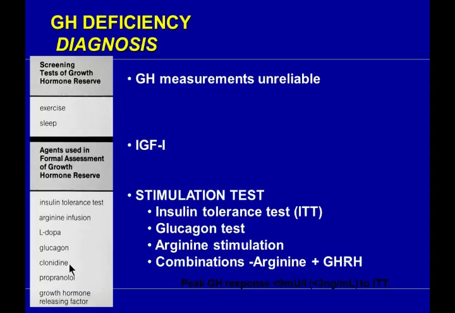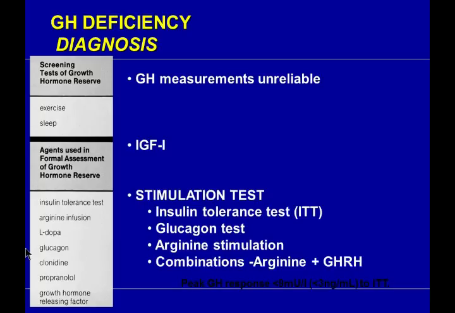And then there are a number of tests like insulin-induced. Remember, growth hormone is one of the counter-regulatory hormones, and therefore, if you give insulin and make the patient hypoglycemic, growth hormone levels will rise. And there are a number of other tests.